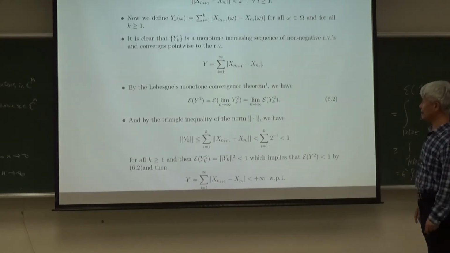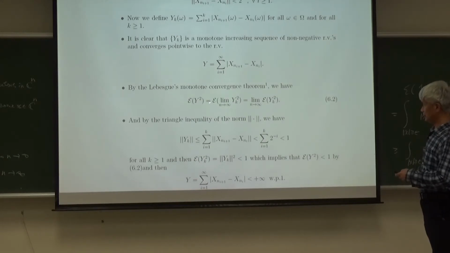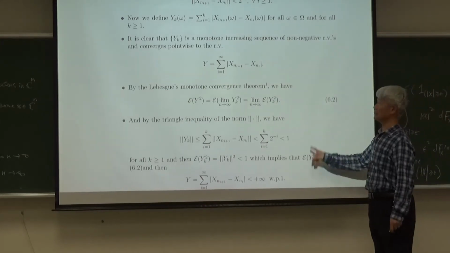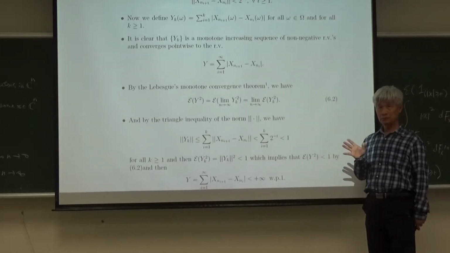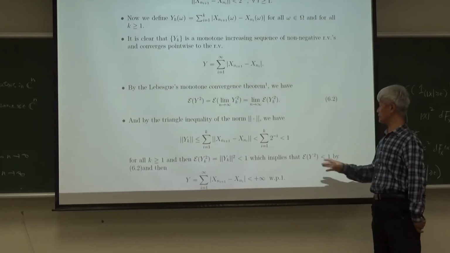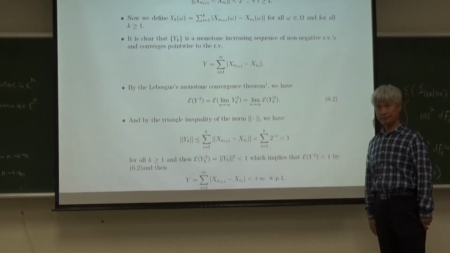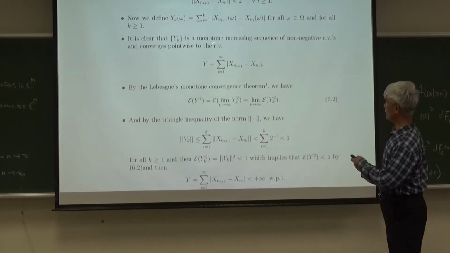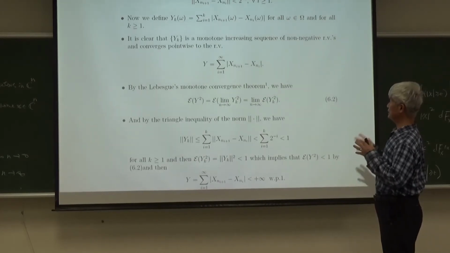Which implies that the expectation is less than 1. So we prove that y is in the L2 space, because it has a finite second moment. So now the constructed y is in the L2 space.